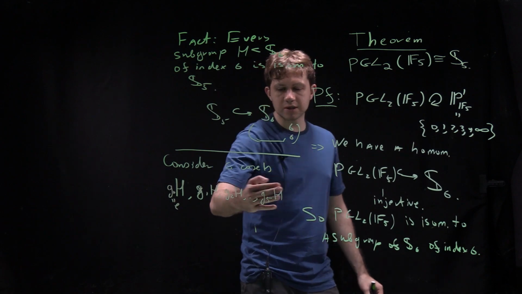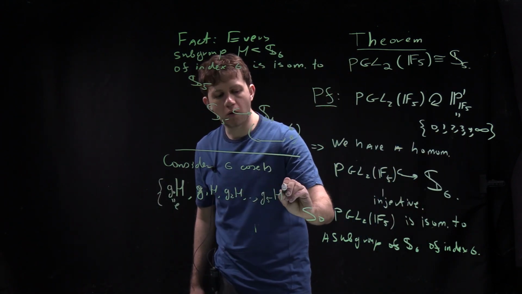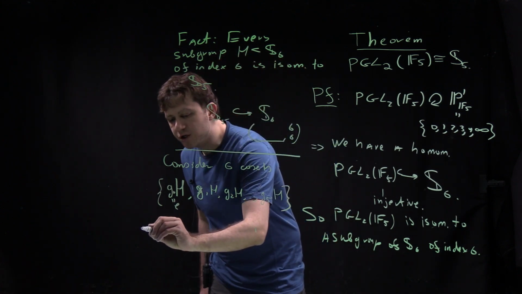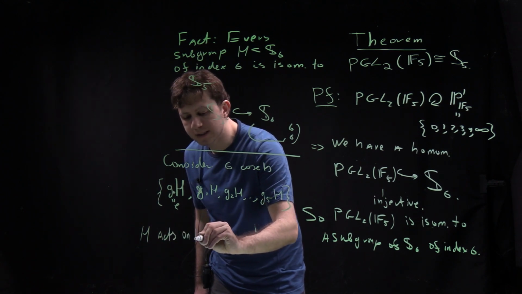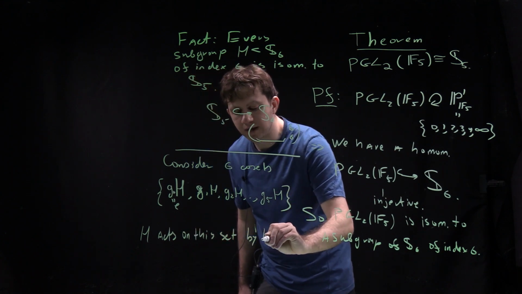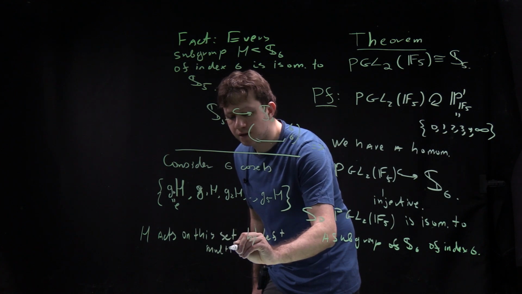So there are 6 cosets, let's write them down. So this is a set with 6 elements. H acts on this set by left multiplication. So that's a non-trivial idea.